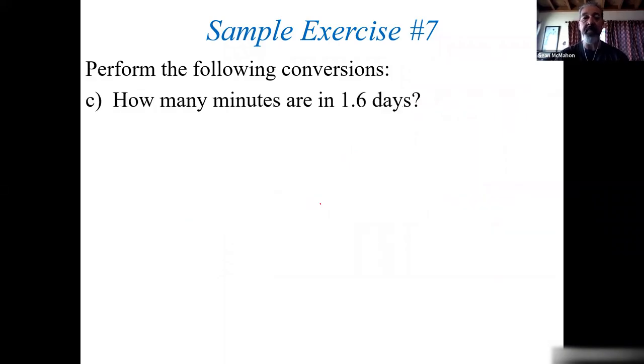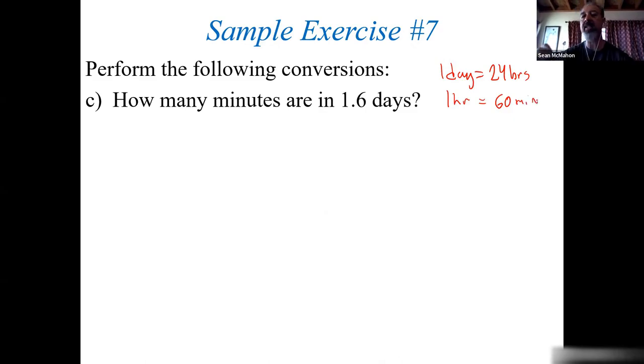C, how many minutes are in 1.6 days? Okay, so now we're going from days. We can't go straight to minutes, right? So what could we do? Maybe one day is 24 hours. We can do that. And 1 hour is 60 minutes.